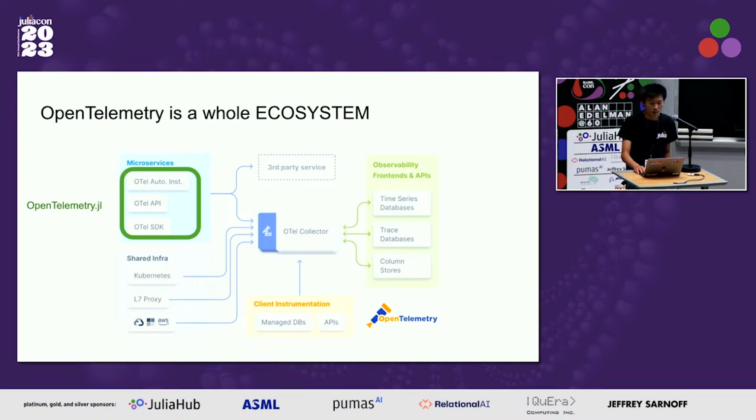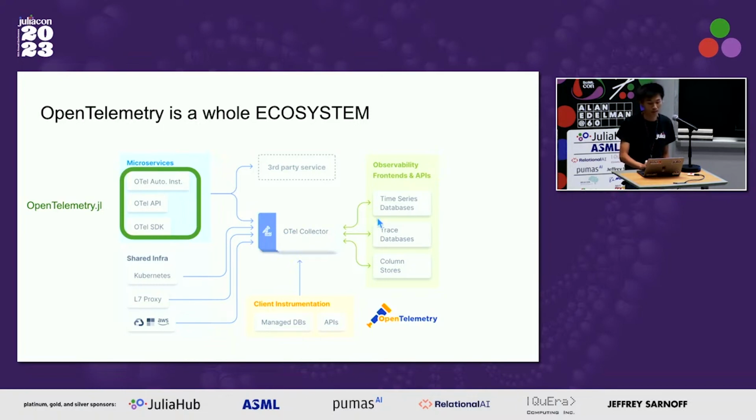By transforming and collecting, we mean the OpenTelemetry Collector is a standalone executable, and it can be executed as an independent service. It will collect data from a microservice and also the infrastructure. And beyond that, it can also be used for filtering and compression of the telemetry data.